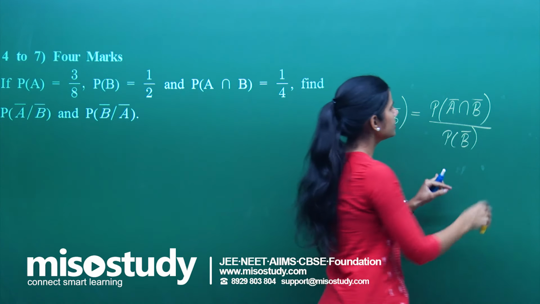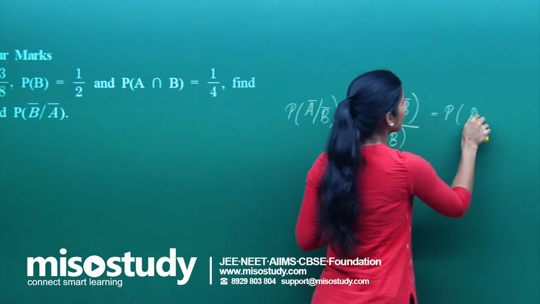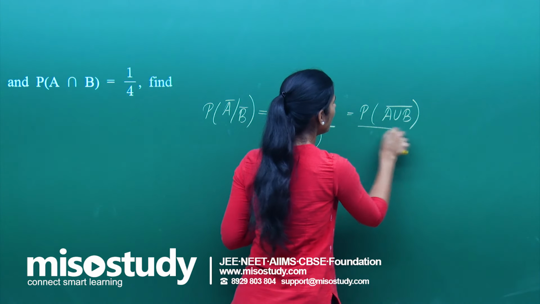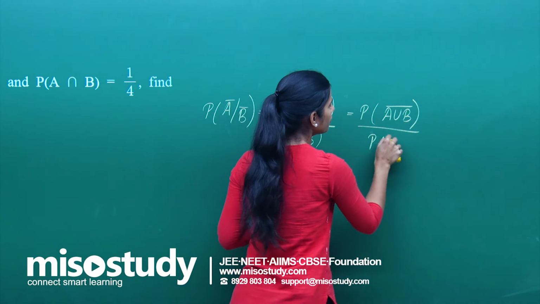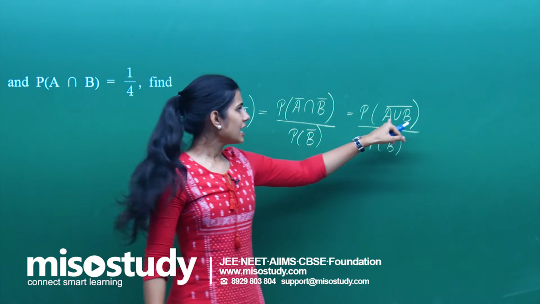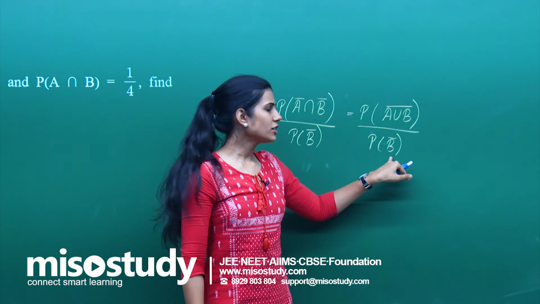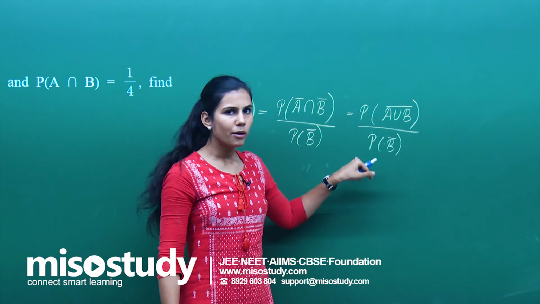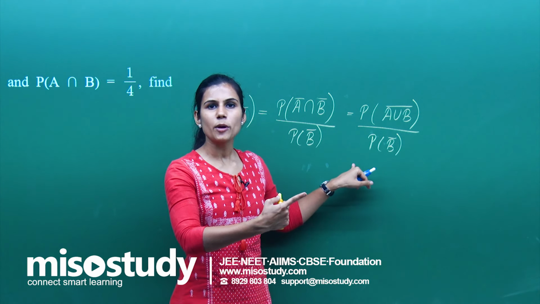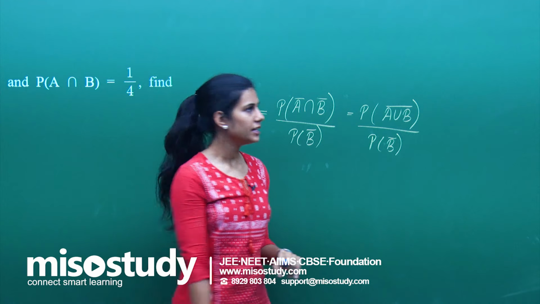Right? What is this? By De Morgan's law, A union B whole bar upon probability of B bar. Not happening of event A union B, not happening of event B. What are their probabilities? 1 minus probability of happening of the respective events.